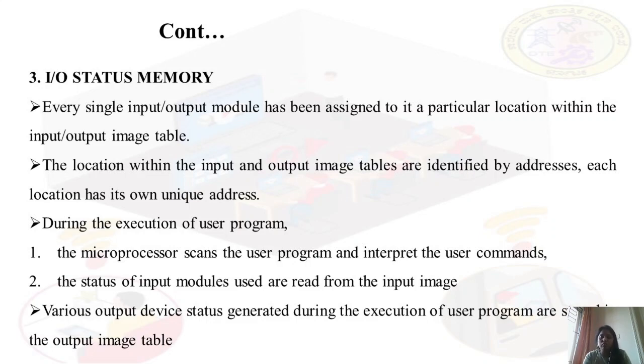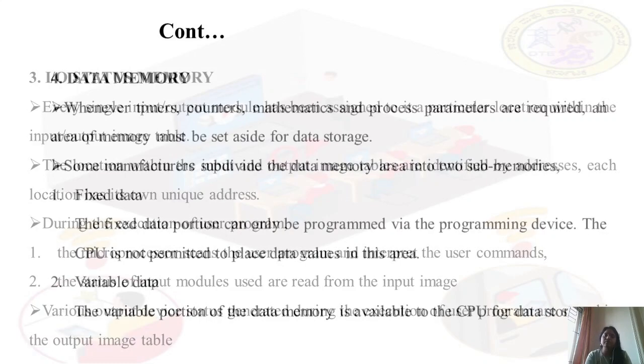The status of the input modules used, that is whatever variables are there, are fed from your input image file. Various output device statuses generated during the execution of the user program are stored in your output image table. Understood? So this is for your input and output status.